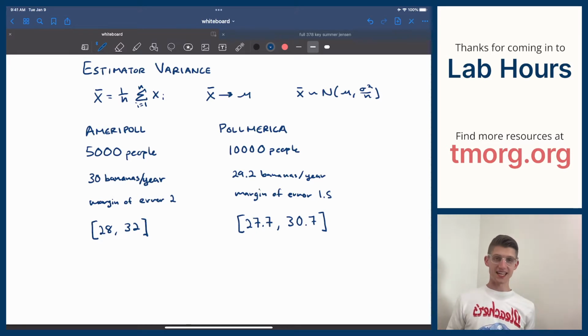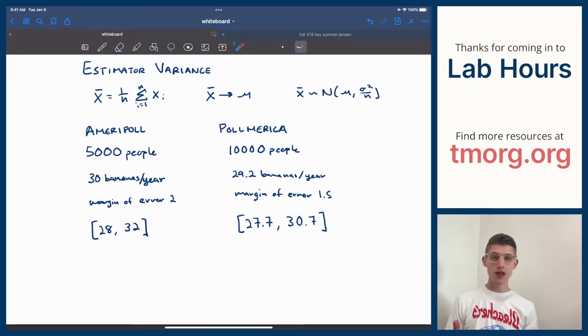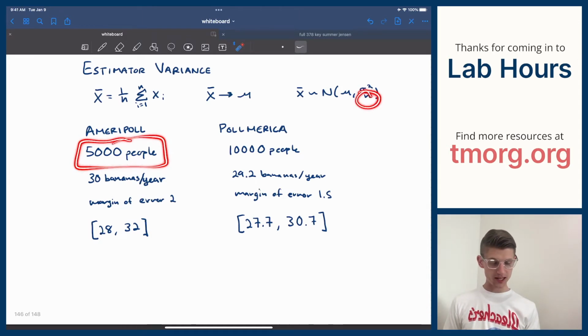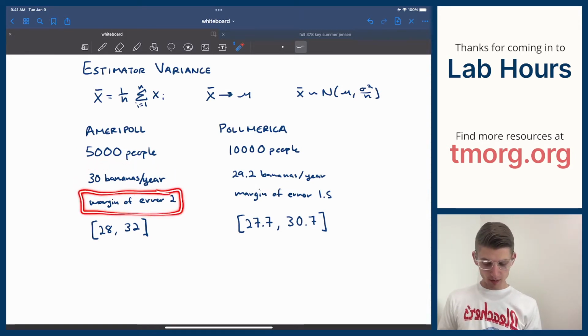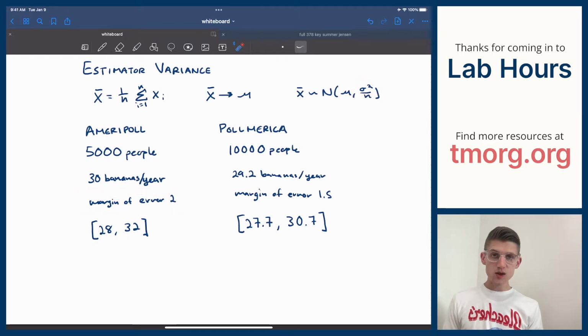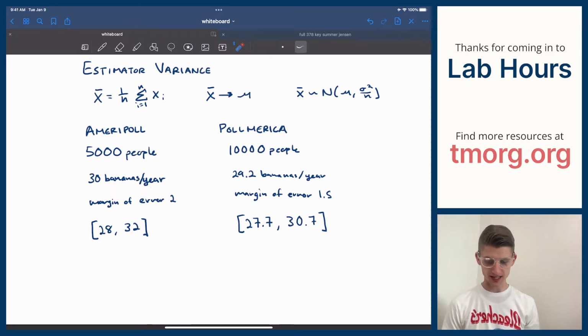What they're saying, at its most basic, is: look, we understand that we have not sampled infinite people, so we get this estimate of 30 bananas per year, but we want you to know that based on the variance that we saw in our sample and the number of people in our sample, at a certain probability level, right? And it would be helpful if they told us what probability level, but we'll talk about that in a second.